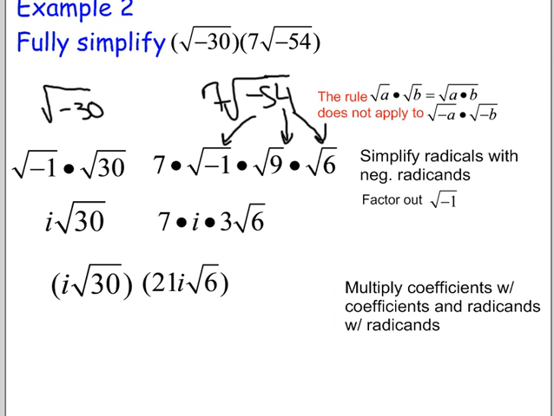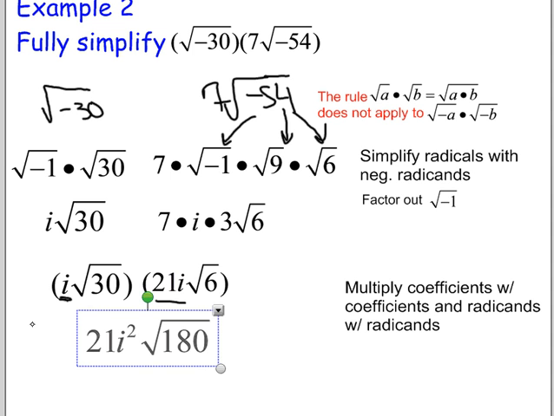So what do I mean by that? Well, i times 21i is going to be 21i squared. And radical 30 times radical 6 is going to be radical 180. So, let's continue.